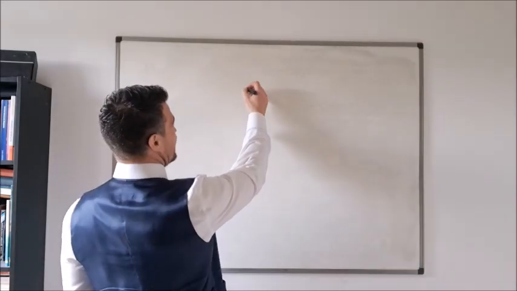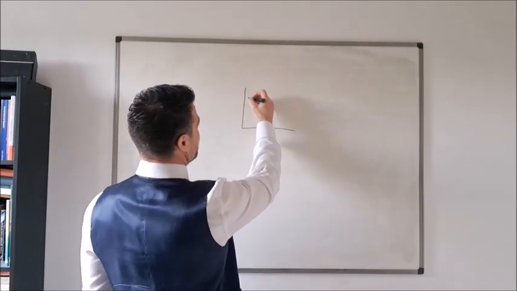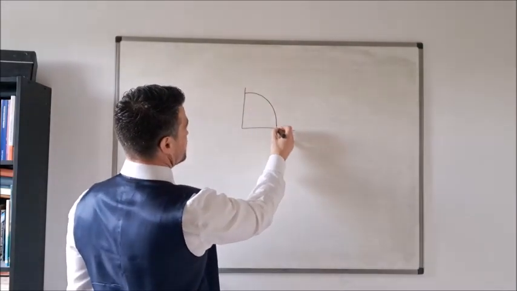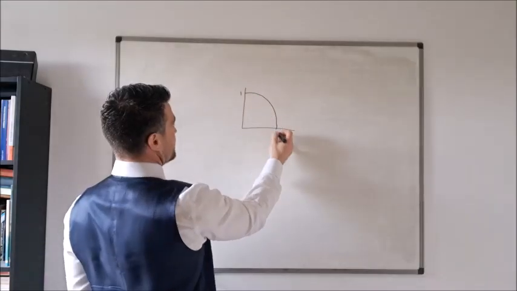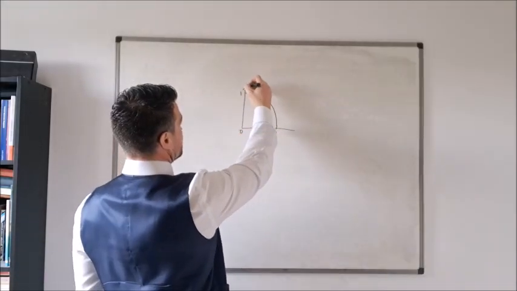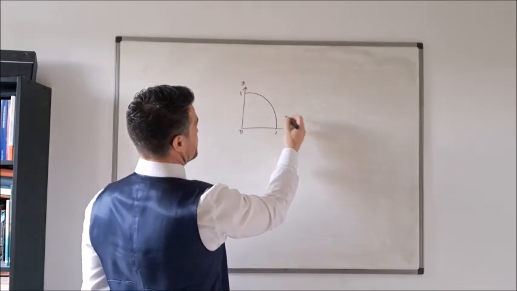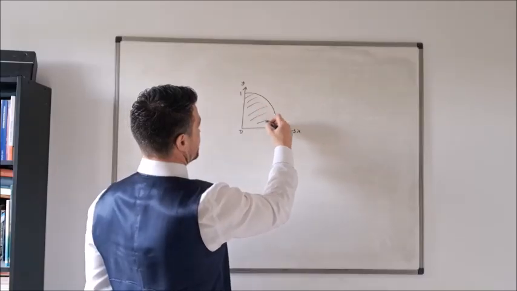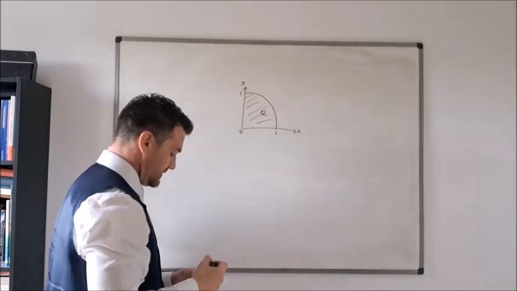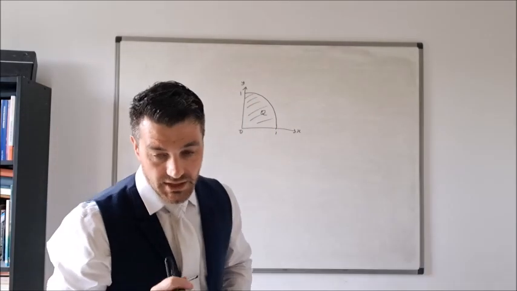So anyway, what we get is effectively a quarter circle, radius 1, x, y, there we go, this is our region Q. Okay, easy peasy.